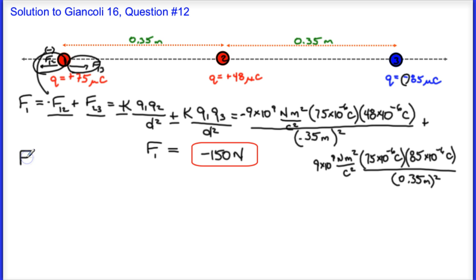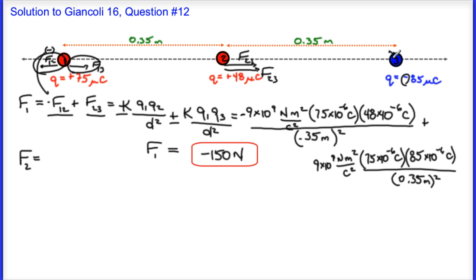Let's set up at least F sub 2. And if you notice, the force acting on 2 due to 1, F21, is going to be to the right. They're both positive, so 2 is going to be pushed to the right. But also notice that F23 is also to the right because they're oppositely charged, and this guy here is on the right, so it gets attracted to it.